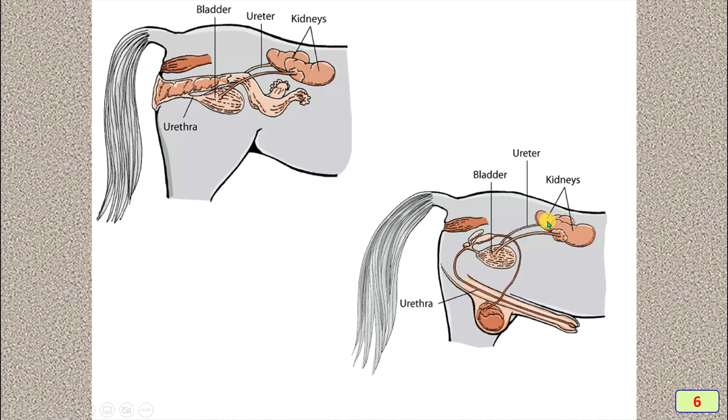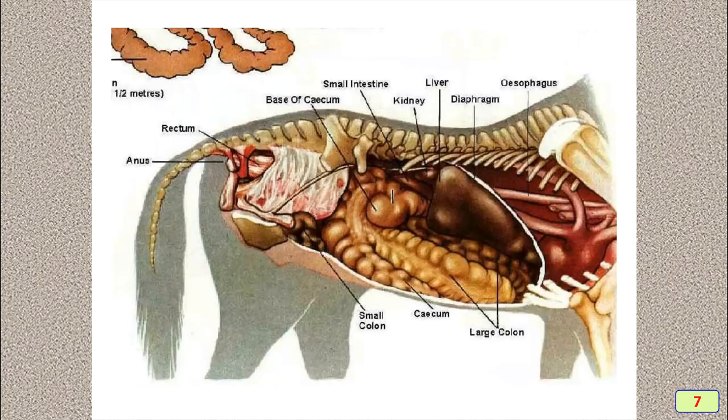In males the location is almost the same: left and right kidneys connected by the ureter to the urinary bladder, but the urethra is comparatively long in stallions when compared to mares.